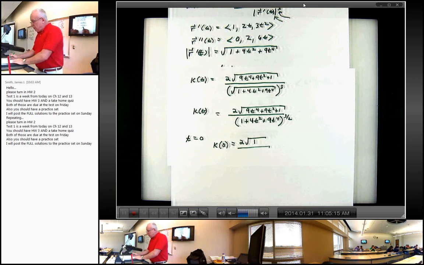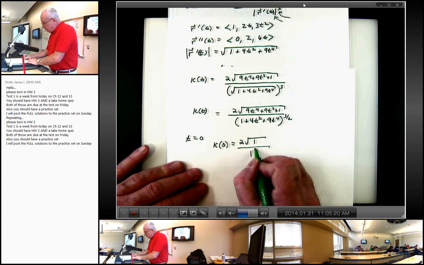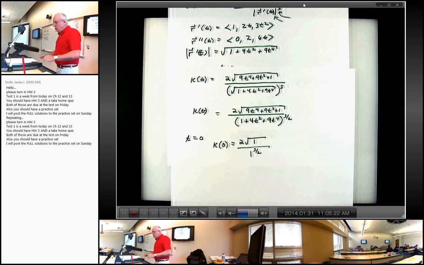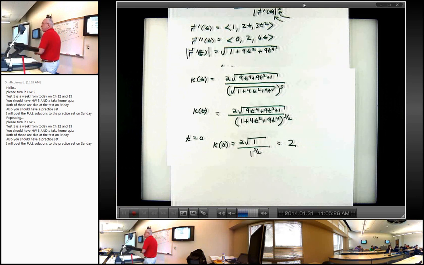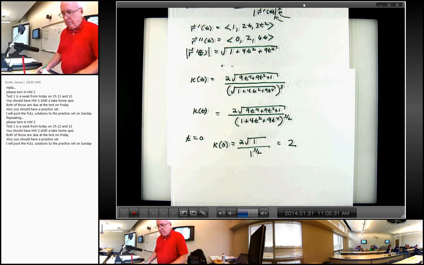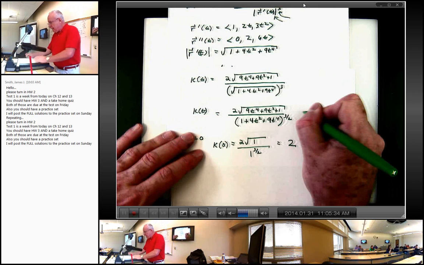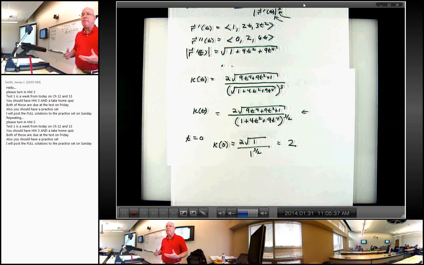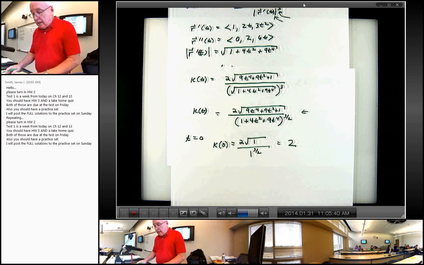And down below, I've got 0 and 0, I just have 1 to the 3/2 power. So my curvature when t is equal to 0 is just the number 2. And so with this twisted cubic, as t changes, obviously our curvature can get either bigger or smaller as we go along.